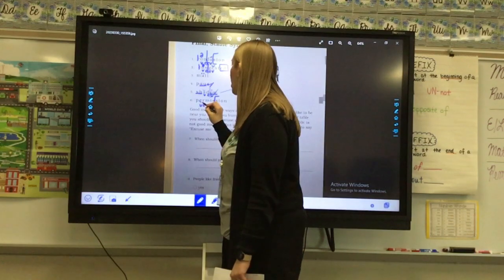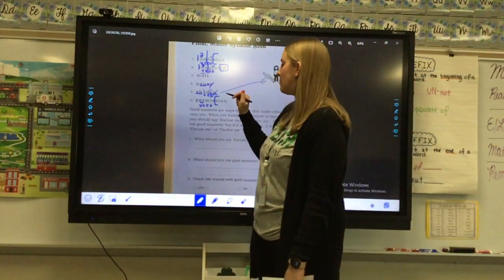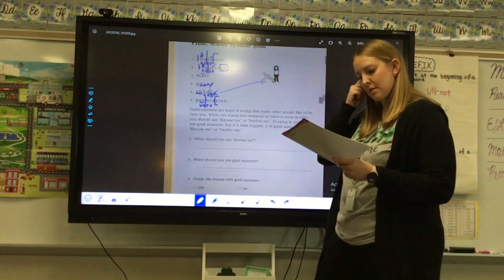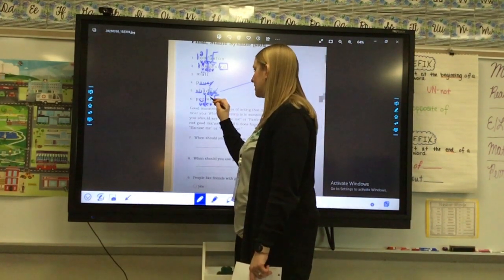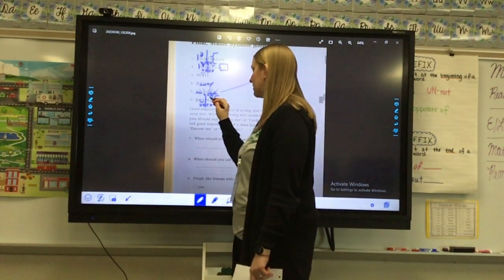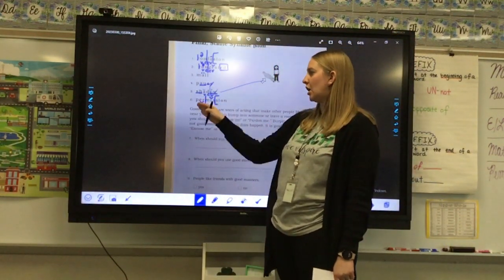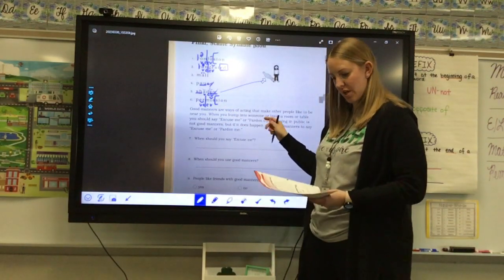ER is an R-controlled vowel. And then we're going to mark our syllables in between our 2 consonants. And our I is a short I, so it gets a breve. And this word is permission. Permission.